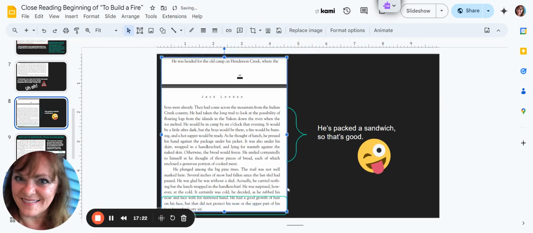Uh-oh. On the one hand, I understand that he is glad that he packed light, that he doesn't have a toboggan to pull because that's just more work to do. But on the other hand, I'm thinking, well, maybe it would have been a good idea to pack a sled with maybe some shelter, some warm and dry extra clothing, maybe some extra food and water.